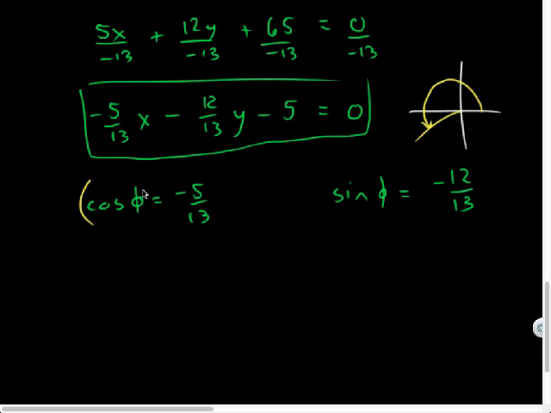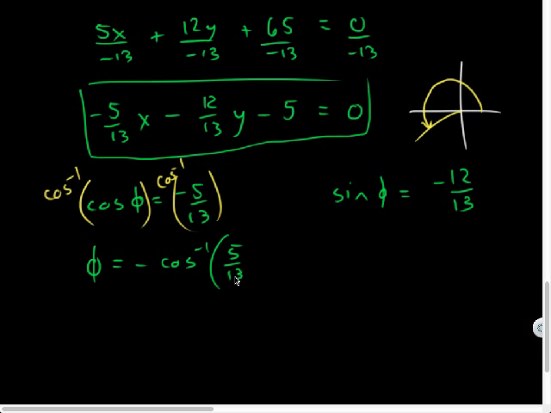I'm going to take the inverse cosine of both sides, or you could work with the sine if you wanted, it doesn't matter. Phi is going to equal, well, cosine's negative in this quadrant, so the negative of cos inverse of plain old 5/13, because I want to work with quadrant 1 so I don't mess up. Cosine inverse of 5/13 is, am I in radians over here?